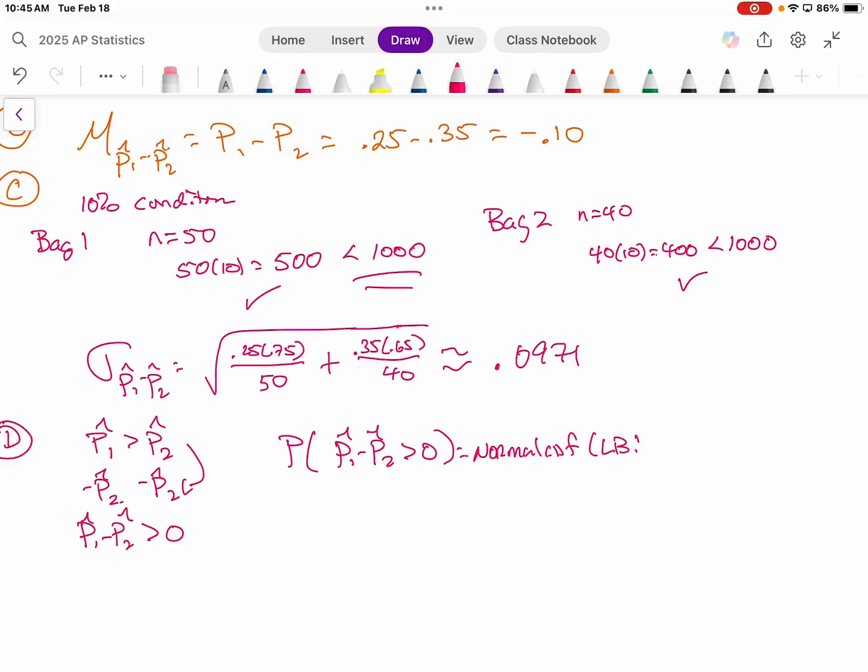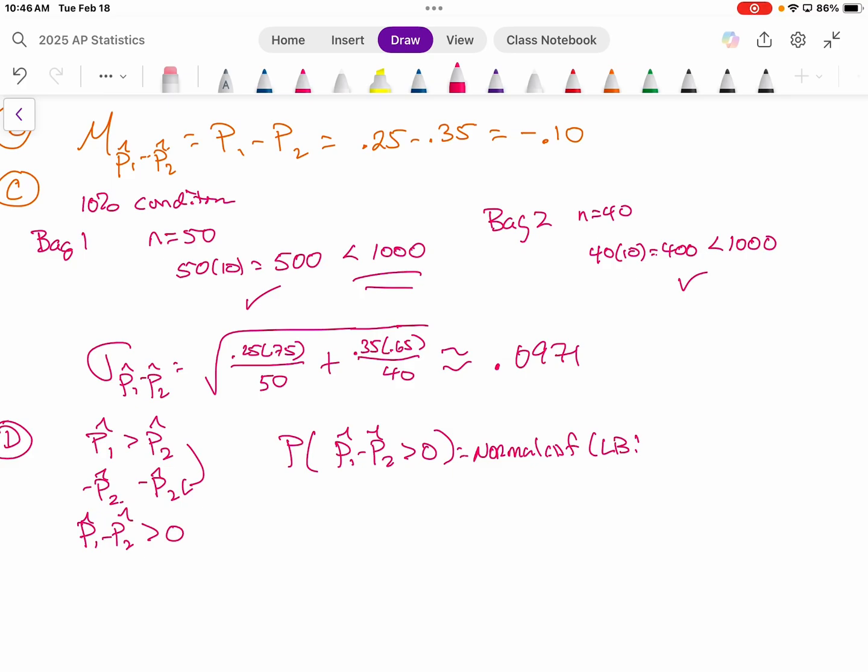Well, the statement in the problem said that P1 hat is greater than P2 hat. So that means that it's got to be a bigger number. So if I brought P2 hat over by just an operation, subtract it from both sides, we come up with the inequality that the difference between the two is positive. It's greater than 0.